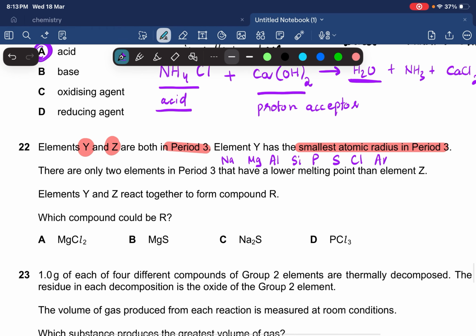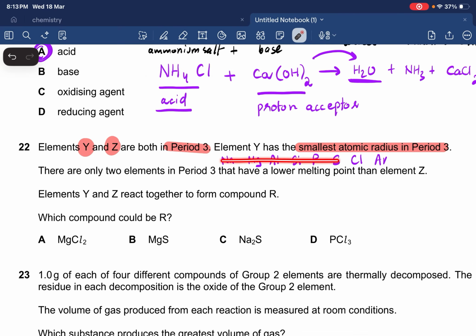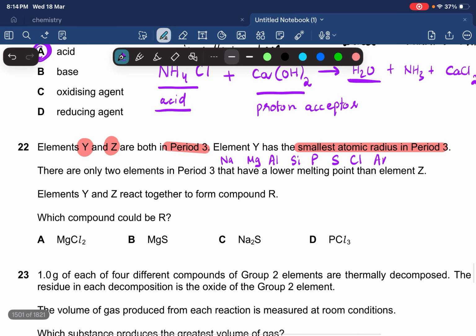Now I know that across my period, what happens to my atomic radius? Does it increase or decrease? What do you guys think? I think it decreases because the nuclear charge is increasing and the shielding remains constant. So it's going to decrease.